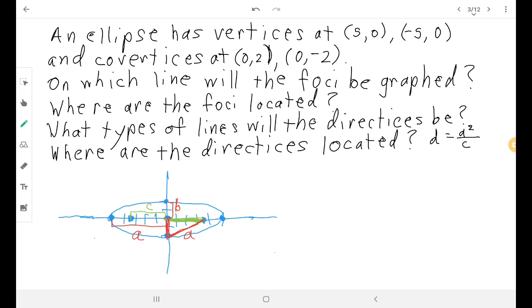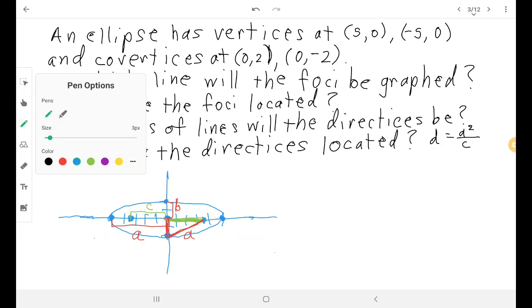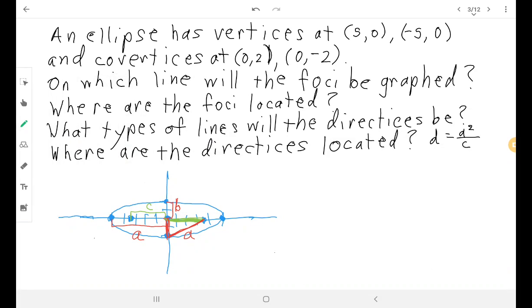That relationship has to hold. You have to be able to build a right triangle in that way. So that gives us a calculation, which is that B squared plus C squared equals A squared.